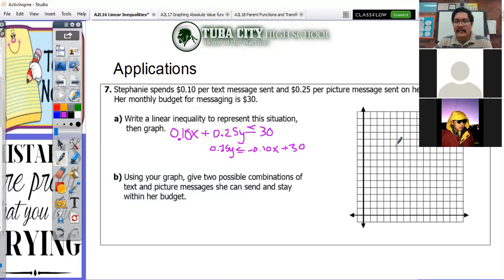And since I am trying to solve it, I'm trying to put it into y equals mx plus b, so I'm trying to solve it for y. Now I need to divide everything by 25. All right, so divide 10 cents by 25 cents, so that'd be 10 over 25.